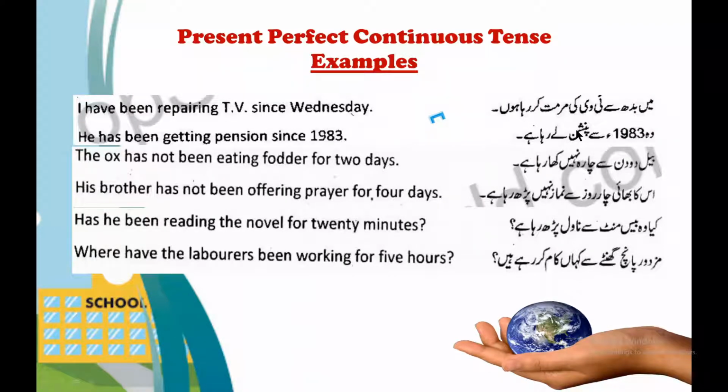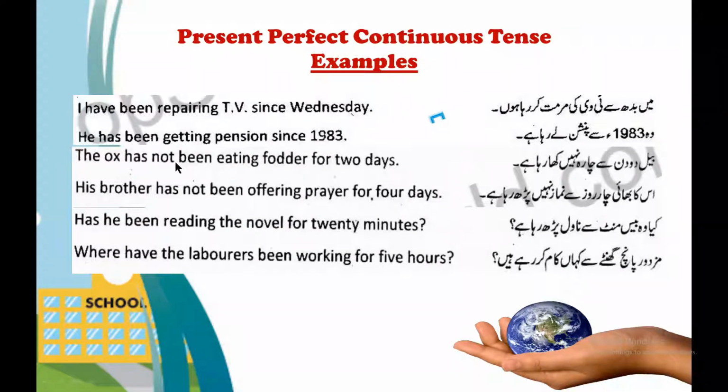One task is completed, that is Urdu identification. Now the second one is to use the suitable helping verbs. I have been, and then the ing form, TV, and then either to use since or for. You have been watching TV budh se, so budh is a specific time, so you have to use since Wednesday.